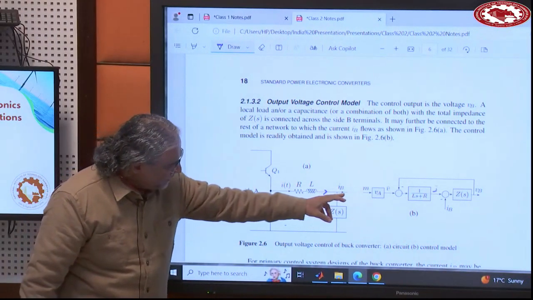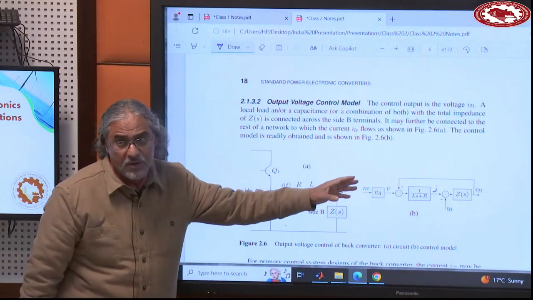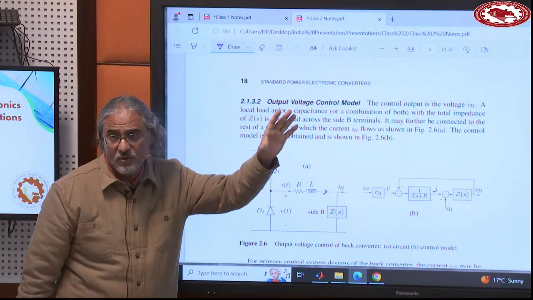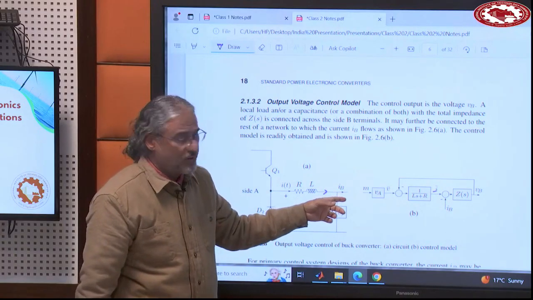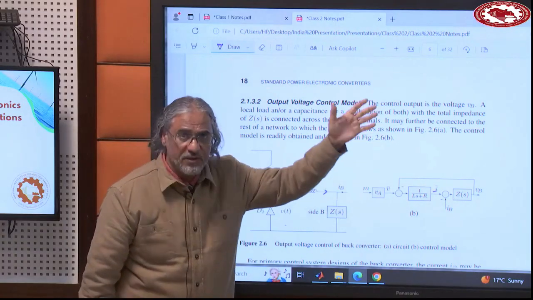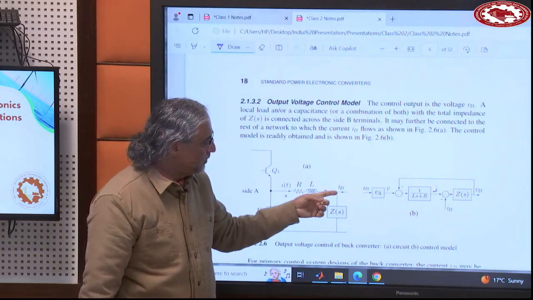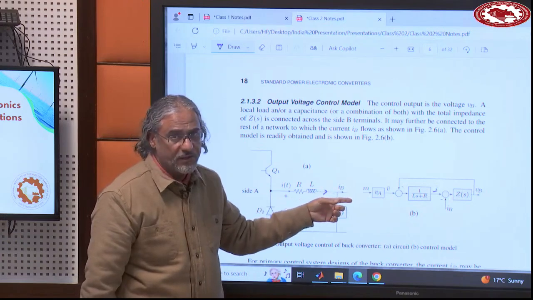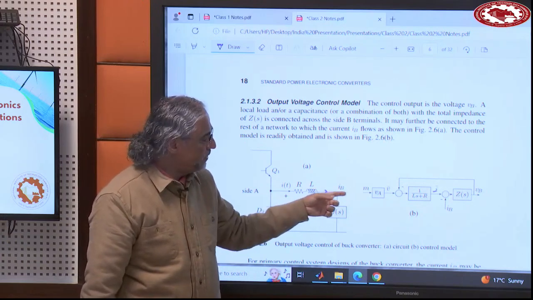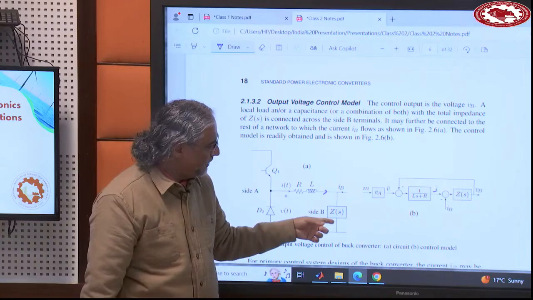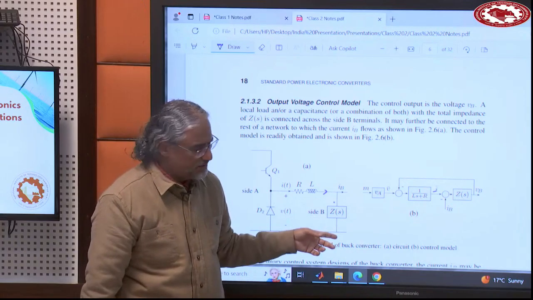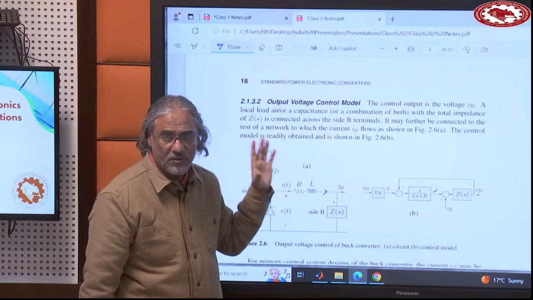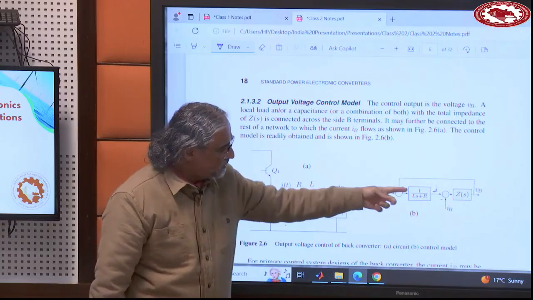This current minus this current, if there is something, since this current goes somewhere else also. If you only have one load, that's it, this current is zero. But if this converter is connected to other parts of the network, there could be another current flowing here, right? So this current minus this current is the current flowing here, and then you multiply it by this impedance, whether it's resistive impedance or otherwise, and that gives you this voltage.